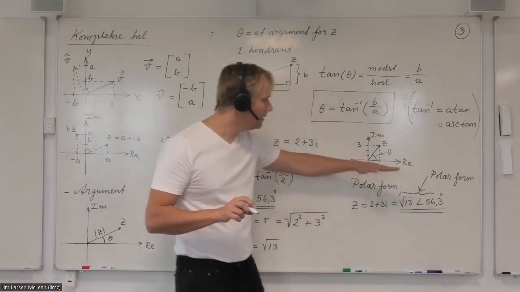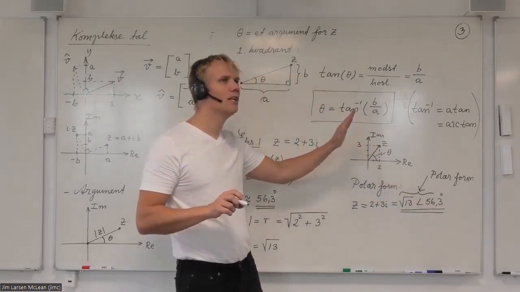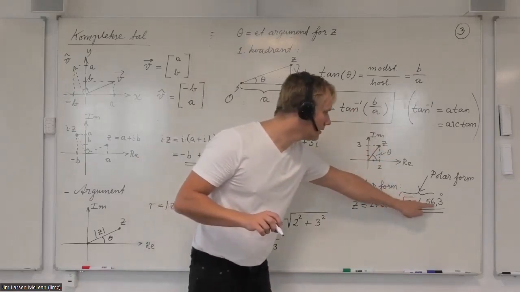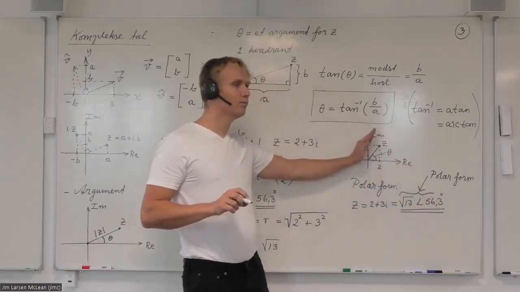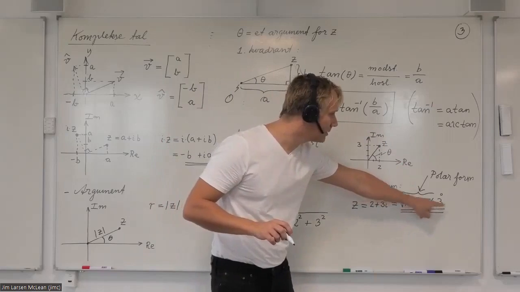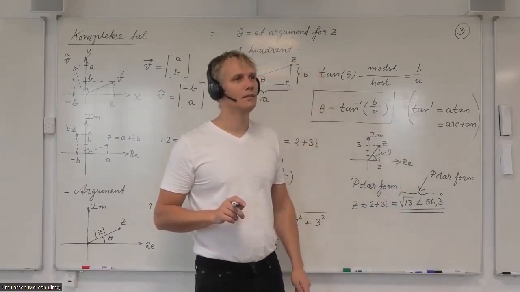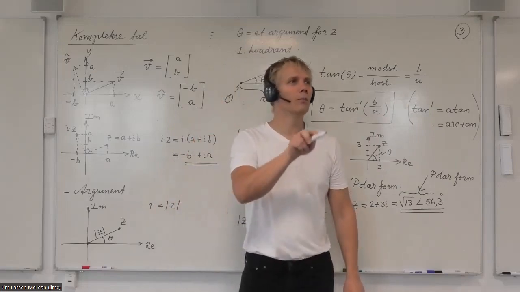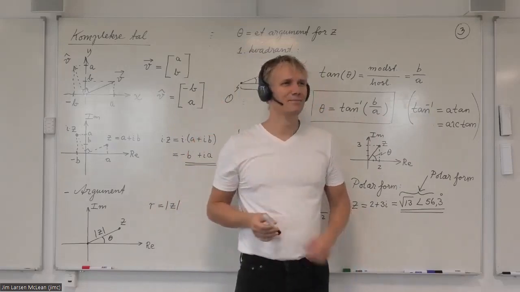You specify one of the angles that tells how much the connecting line has rotated away from the positive part of the real axis. And it has rotated 56.3 degrees away. But it would be just as correct to give 56.3 plus 360 degrees. It's just another way to say the same thing. You've just taken an unnecessary step before you start measuring the angle.